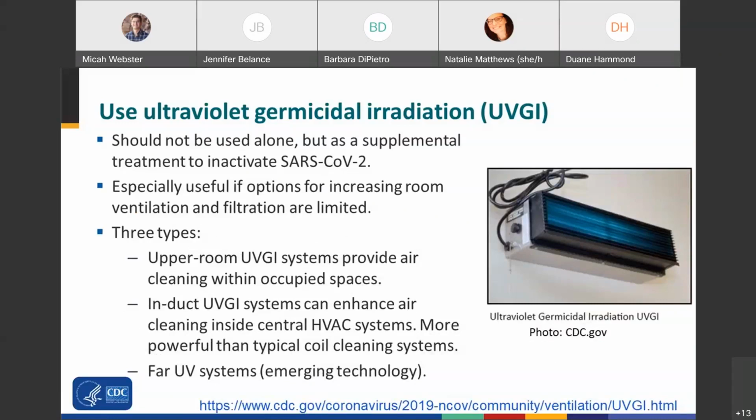The two that we recommend on our website right now: upper room UVGI systems to provide air cleaning within occupied spaces, and the second one being in-duct UVGI can enhance air cleaning inside the central HVAC system. And these are more powerful than the typical coil cleaning systems. And then the third one is still an emerging technology, far UV systems. It shows some promise, but we still list that as emerging. Next slide, please.